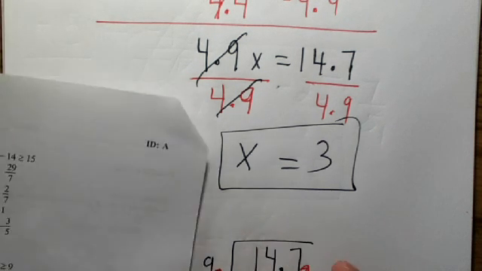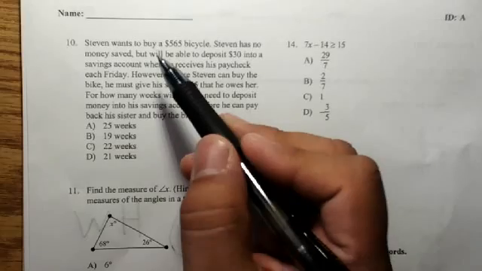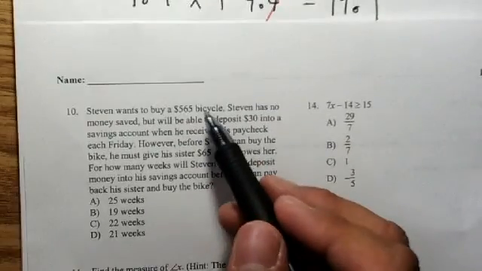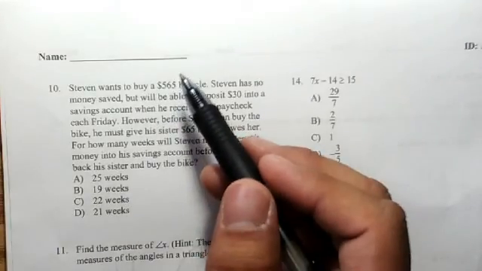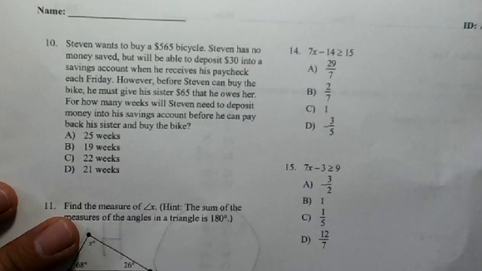Okay, let's read number 10 together. It says, Stephen wants to buy a bicycle which costs $565.